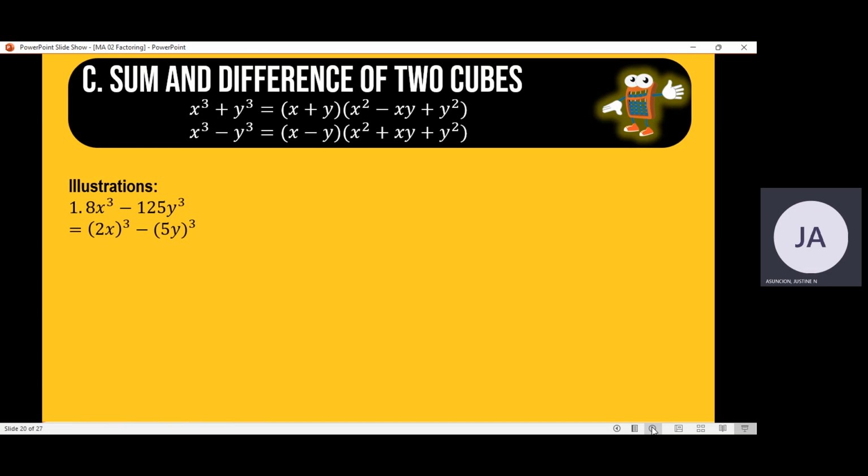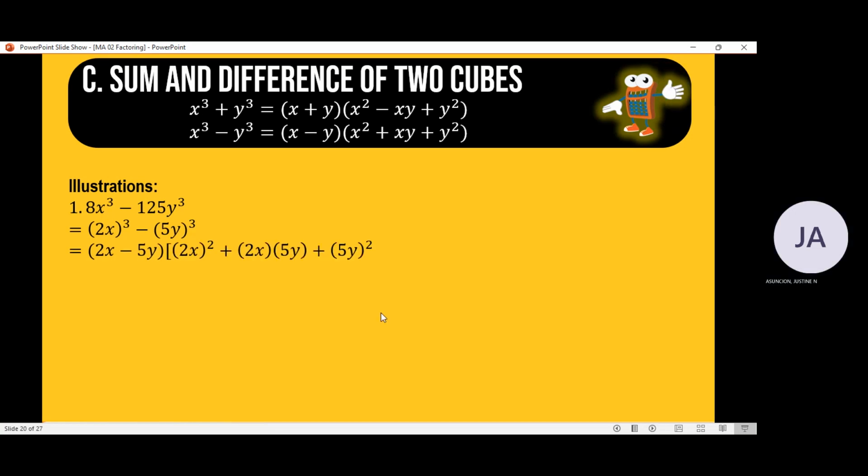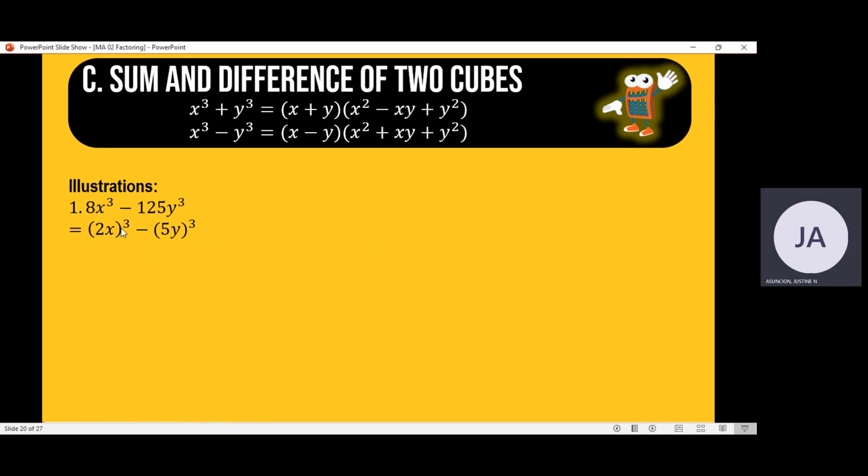We have 2x as our first term and 5y as our second term. So 8x cubed can be expressed as the quantity 2x cubed, and 125y cubed can be expressed as the quantity 5y cubed. Let's apply this form.